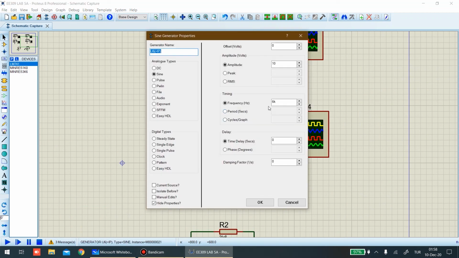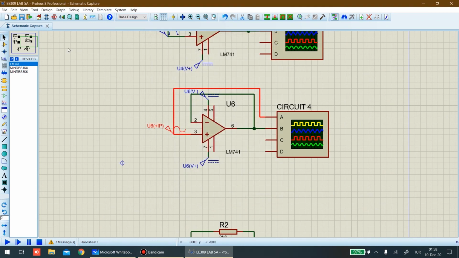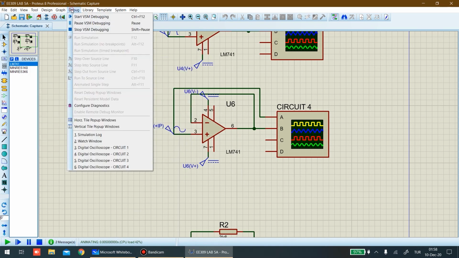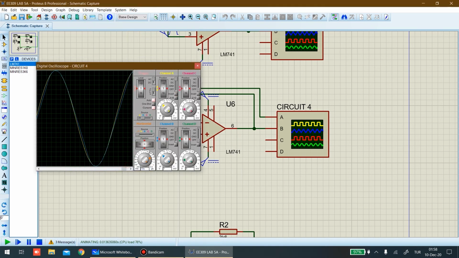However, what about 6 kHz? Now we have a problem. The output is not a good representation of the input signal at this time.